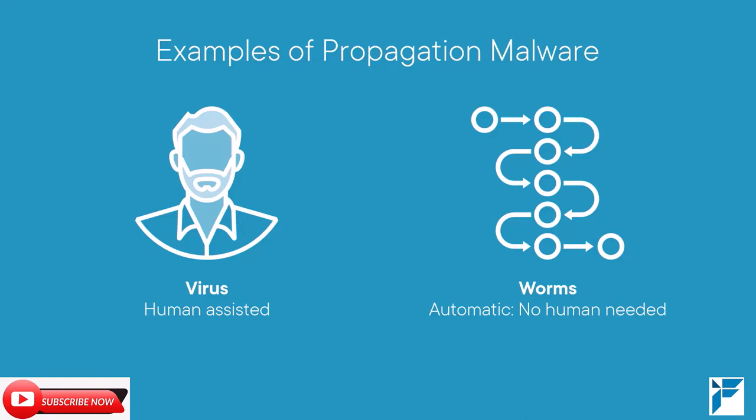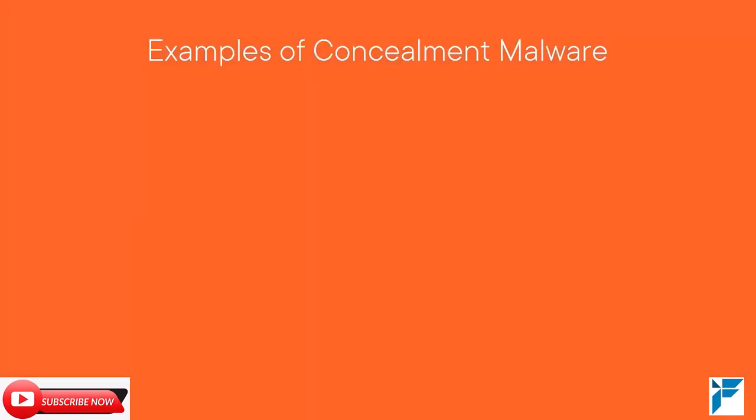Sidebar, you're going to want to know these differences in your immediate future. As far as propagation is concerned, they don't need human interaction. That's why they're called worms. They just squirm throughout all your network infrastructure, infecting all the targets they come in contact with. Another type of malware that we see is referred to as concealment malware.